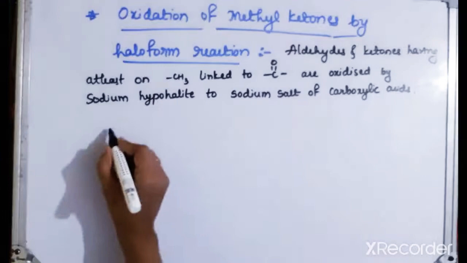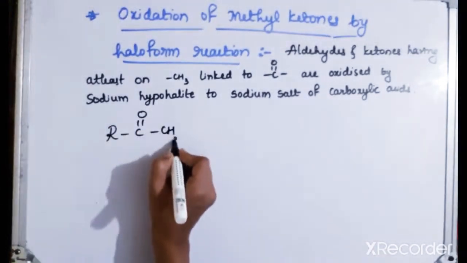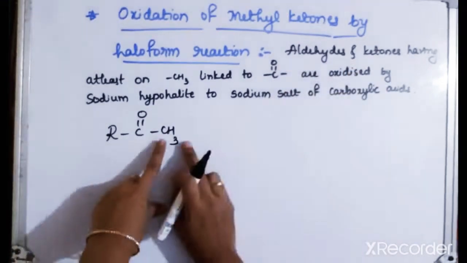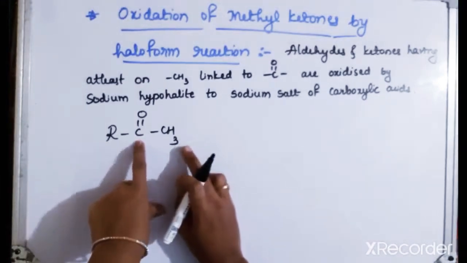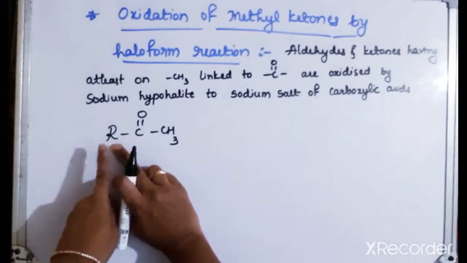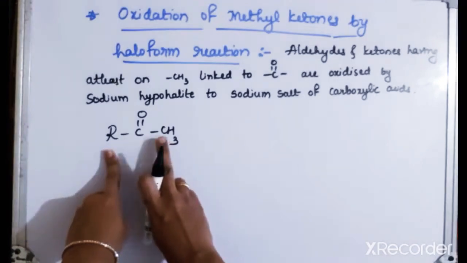For example, if I take here RCOCH3, this is the aldehyde or a ketone which contains one CH3 group. It should contain one CH3 group linked to the carbonyl group. Here R may be H or an alkyl group. It may be aldehyde or a ketone, but on the other side you should have CH3 group.